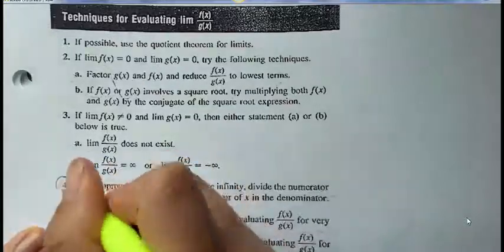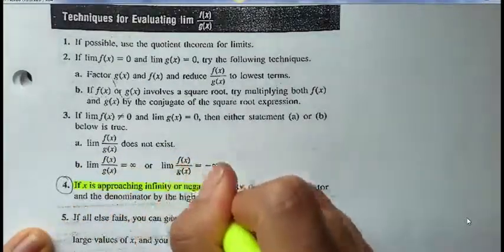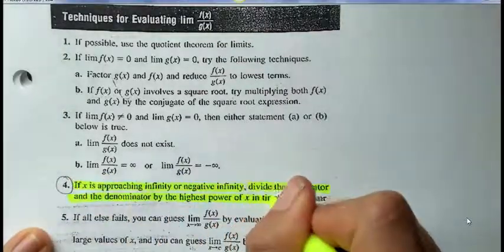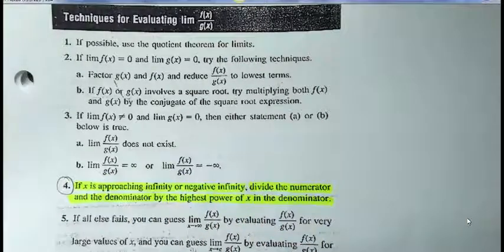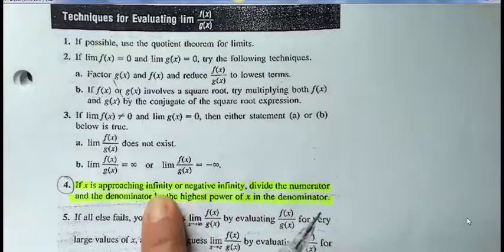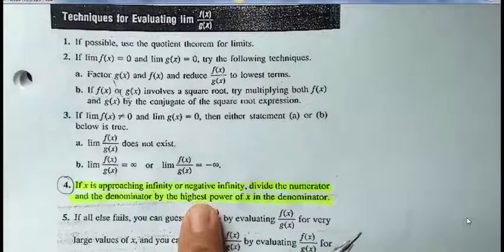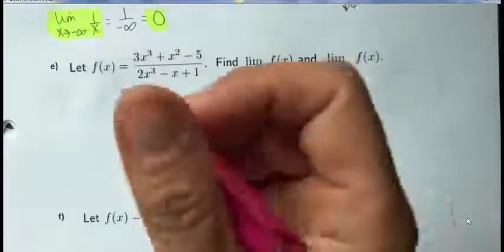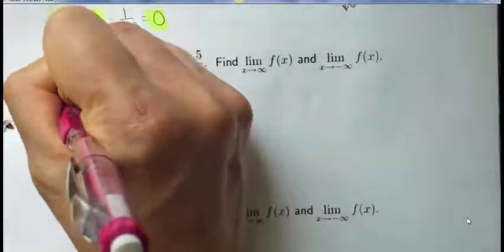So if x is approaching infinity or negative infinity, divide the numerator and denominator by the highest power of x in the denominator. Okay, so any time that your x is approaching infinity or negative infinity, you want to come to this tool. All right, and that's exactly what's happening here. So let's start with as x goes to infinity.